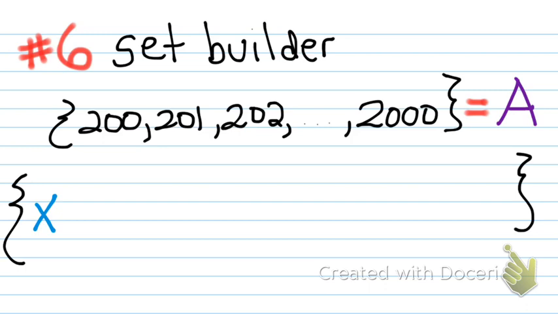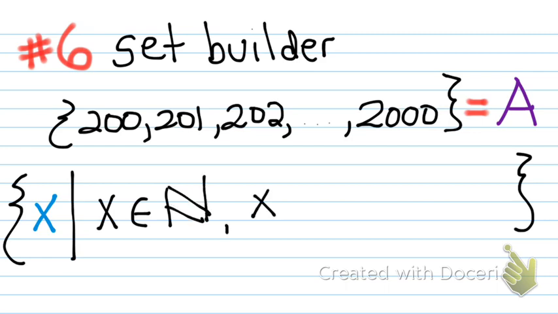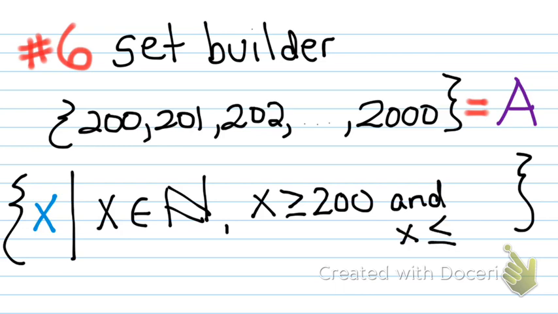And then we write a line, and then we describe the elements in the set. The elements in the set are natural numbers, so we put x must be an element, ∈, of the natural numbers. x is bigger than or equal to 200, and x is smaller than or equal to 2,000.